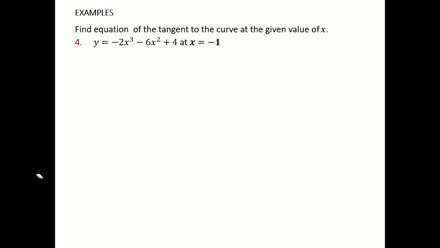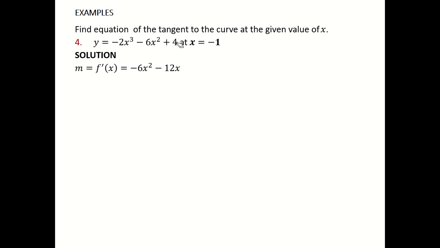The fourth example. Find the equation here. You're going to take the original function, find the first derivative. 3 times minus 2 is minus 6. From 3 you minus 1, you will get 2. 2 times 6 is 12, and from that 2 you minus 1, you will get 12x.